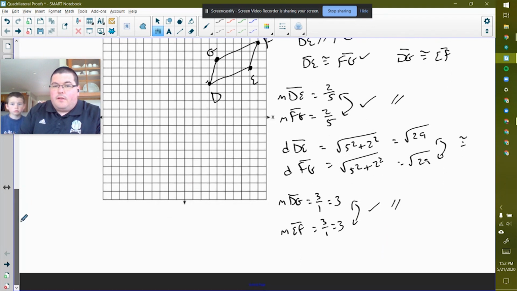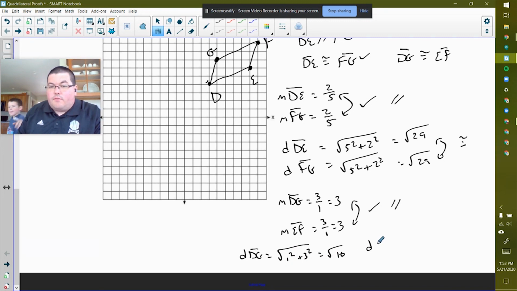Lastly, if we plugged these into the distance formula, just like we did before, right? The distance of DG is going to equal run squared plus rise squared, right? Which is just the square root of 10. And if we did the distance of EF, we find the same thing, right? 1 squared plus 3 squared, square root of 10.